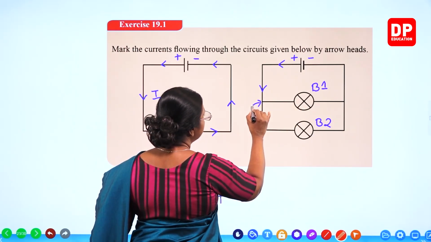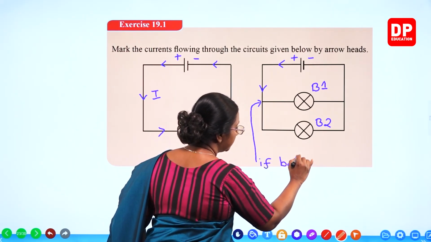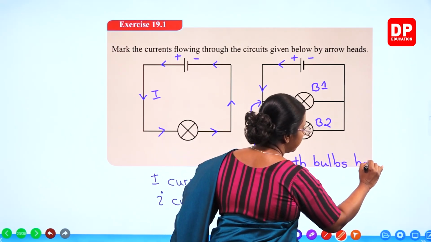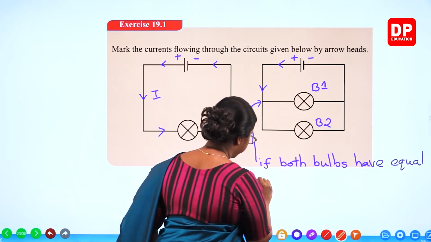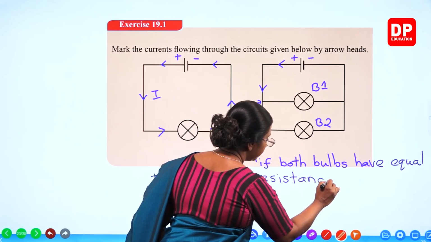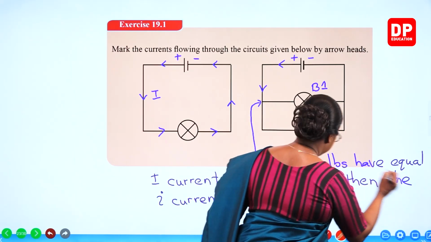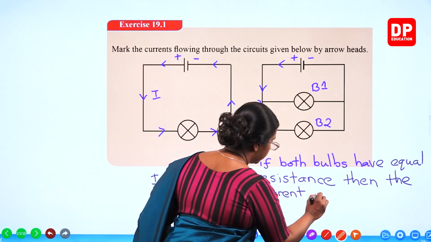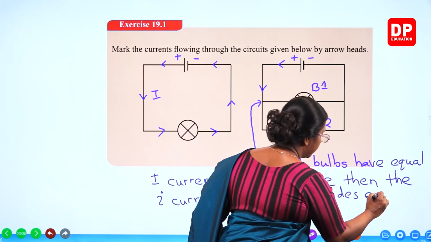So here, if both bulbs have equal resistance, then the current divides equally.